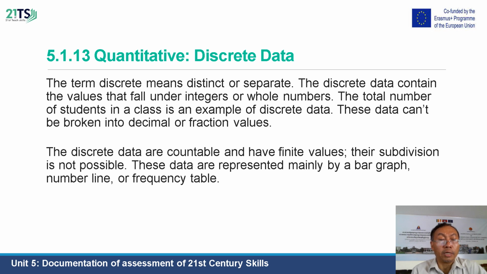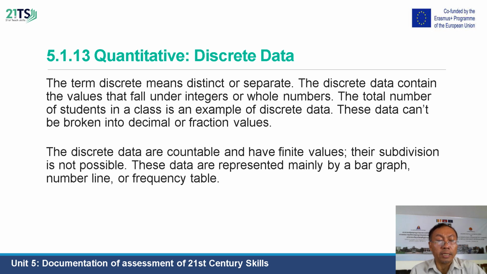The term discrete means distinct or separate. Discrete data contain values that are integers or whole numbers. The total number of students in a class is an example of discrete data. These data can't be broken into decimal or fraction values.